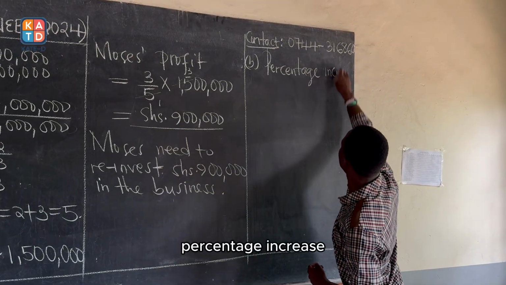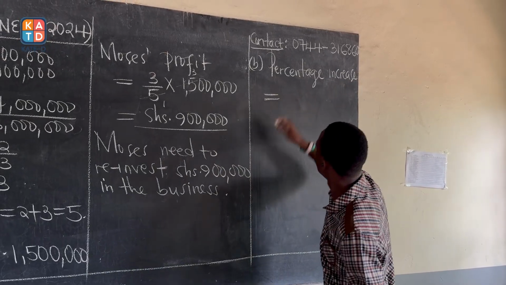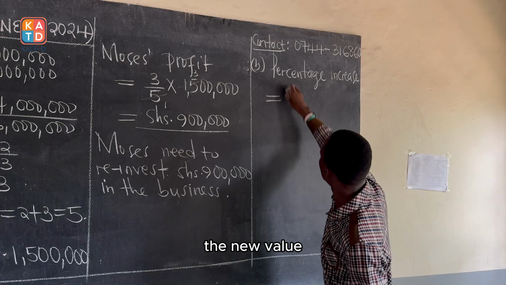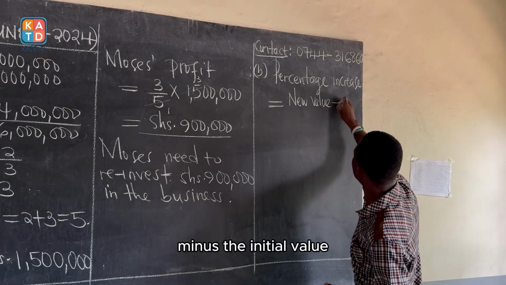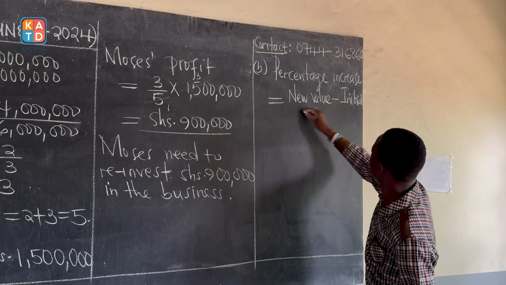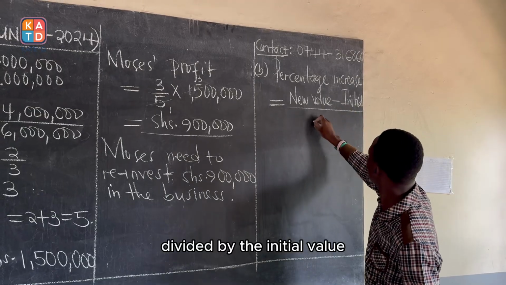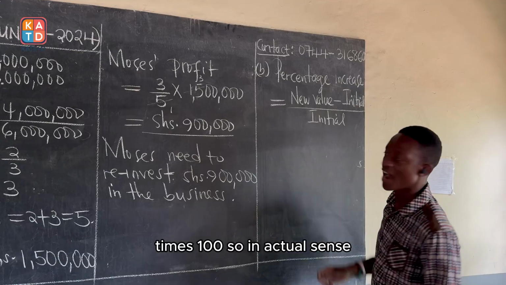Percentage increase is equal to the new value minus the initial value divided by the initial value times 100.